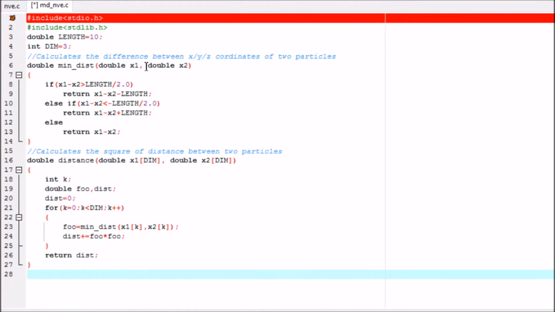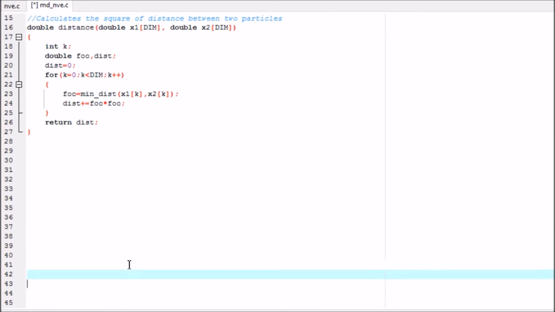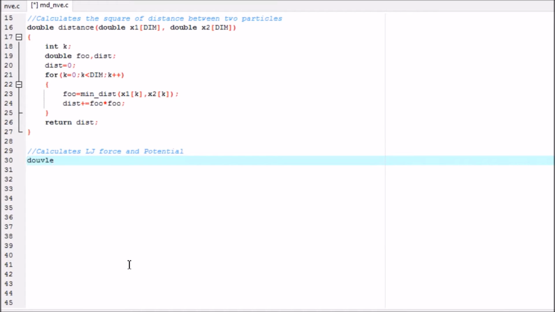So let us define a function which calculates the LJ force and potential. So let's return double force LJ.